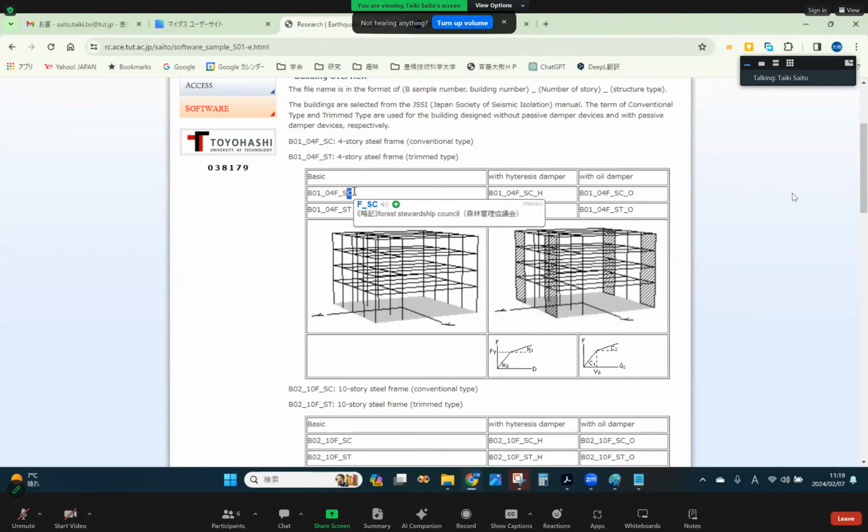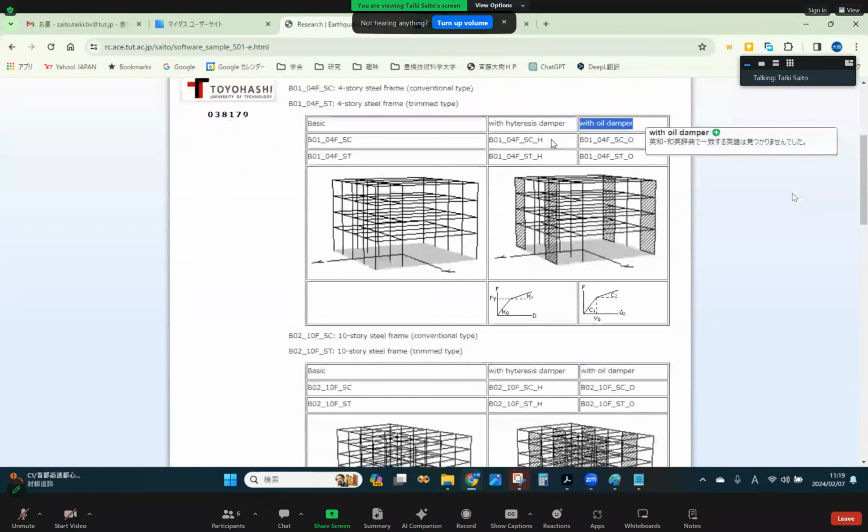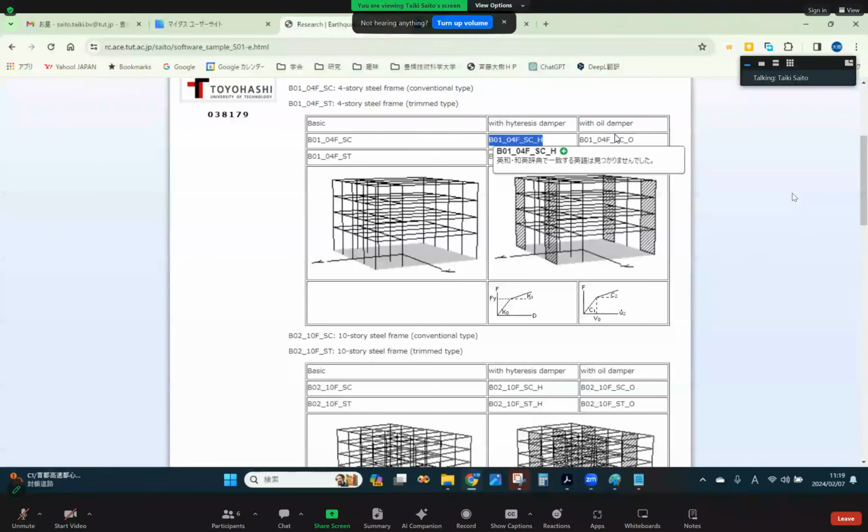C stands for conventional, T stands for trim. This is the basic one with no damper, this one is with a hysteresis damper, and another one is with an oil damper. This is the naming of each. For example, this one is a conventional with hysteresis damper, and this is a conventional with oil damper.